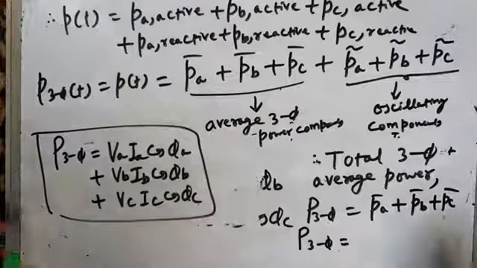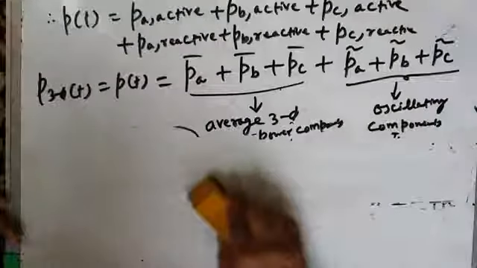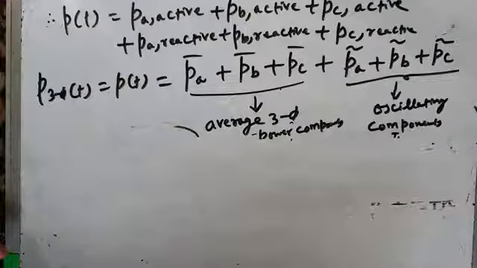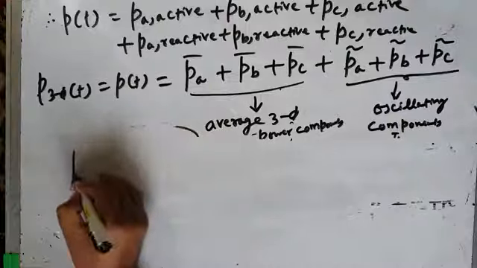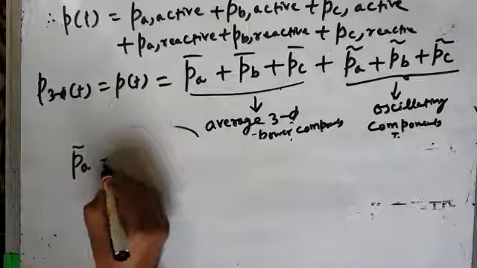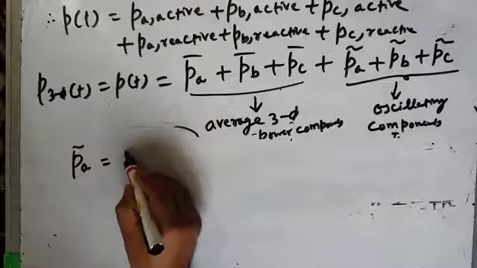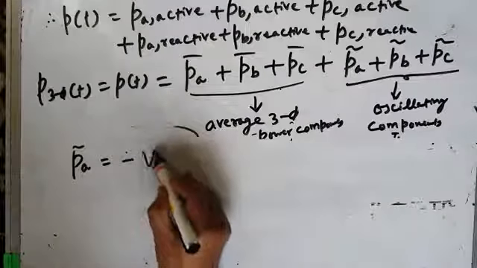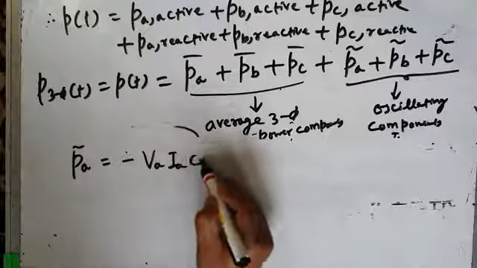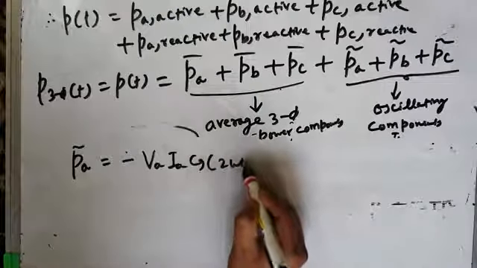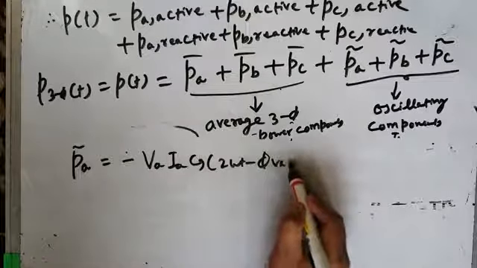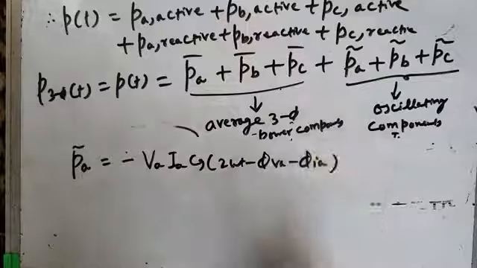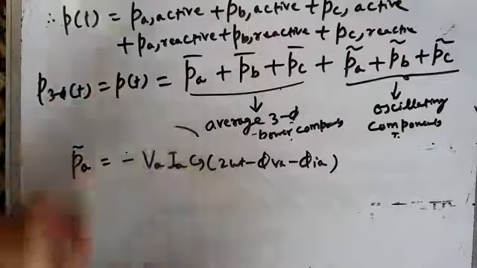And how do we find those oscillating components? Let me give you the mathematical expression for them. This oscillating component PA is given by minus VAIA cos of 2 omega t minus phi VA minus phi IA. Where did I get it from? I got it from equation 1.